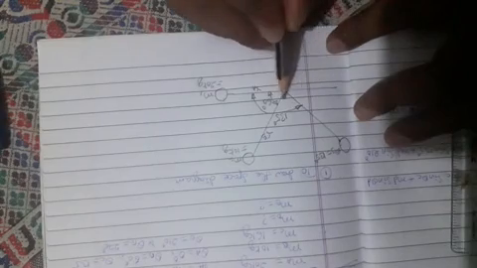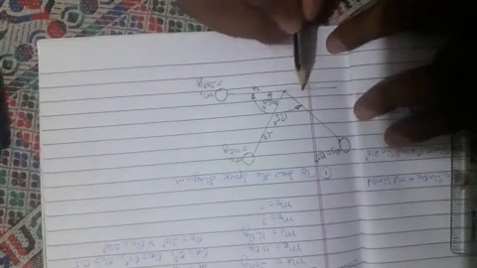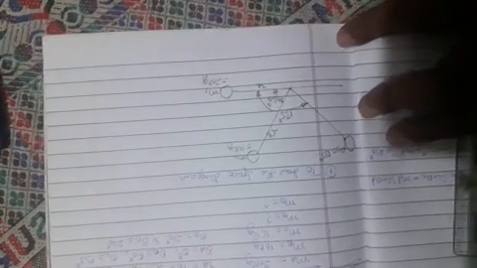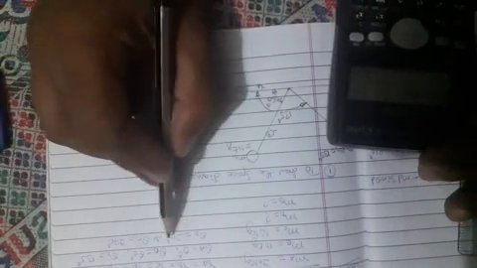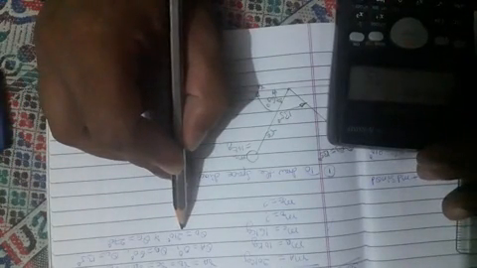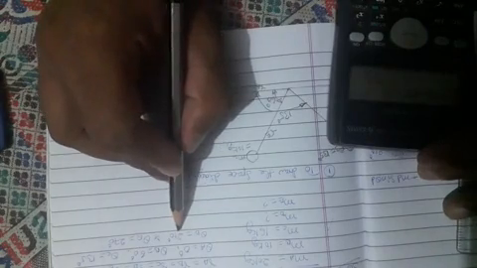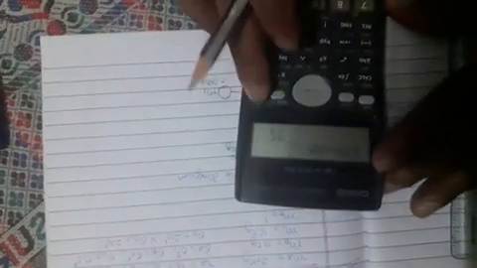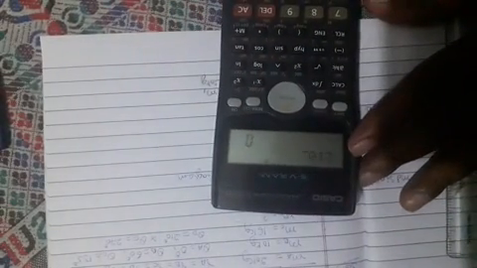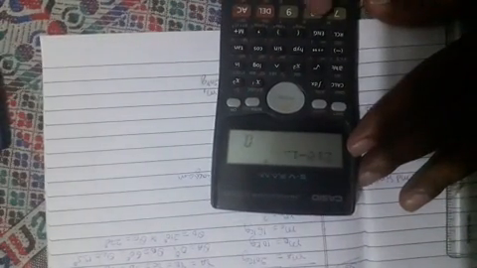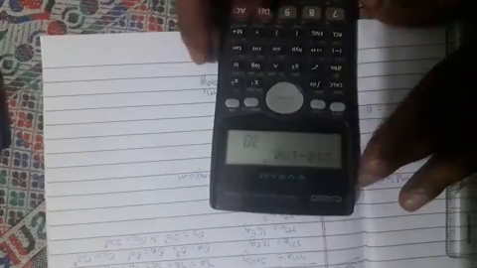So this is at an angle of 180 degrees. The given theta D equal to 210 degrees, that means 210 minus 180, that is 30 degrees.